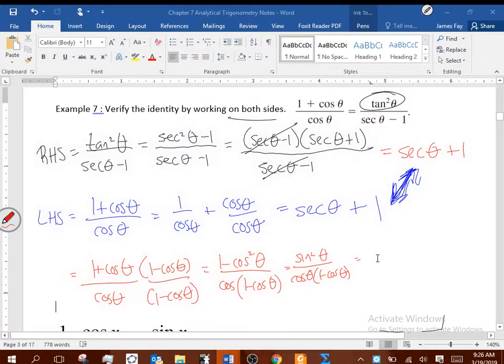Okay. This is something that you don't usually do, but I think it's going to pan out for us. If I go sine squared theta over cosine theta minus cosine squared theta, if I multiply that out, I can't separate. This isn't going to be... What if we do this?